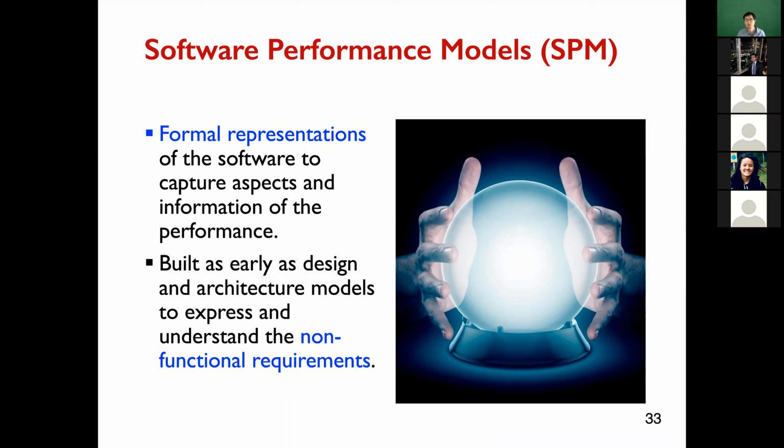So we can build software performance models during software testing after we get the testing results. We can also build performance models very early during software design and architecture. From there, these models allow us to understand whether the architecture can satisfy our performance requirements, and to choose one architecture among several alternatives.